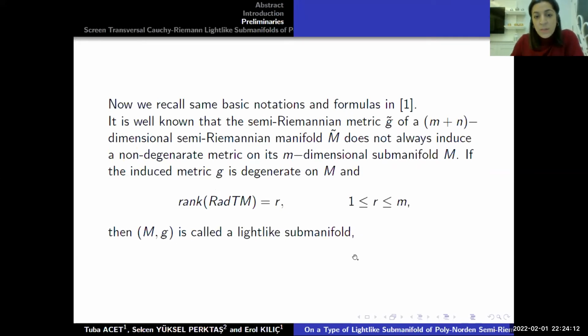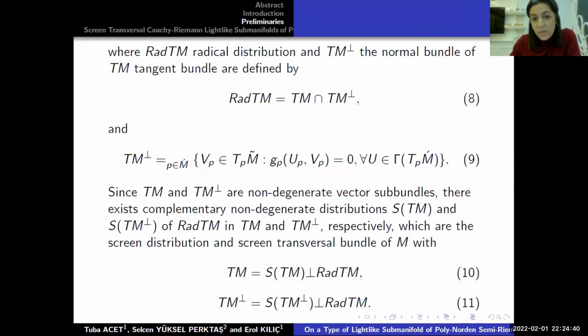And now we recall some basic notations for lightlike submanifolds. Let M tilde be an (m+n)-dimensional semi-Riemannian manifold and M be an n-dimensional submanifold. If the induced metric on M is degenerate and the rank of Rad TM is equal to r, then M is called a lightlike submanifold. Rad TM is the radical distribution, and it is defined by the intersection of the tangent bundle and the normal bundle of the submanifold.